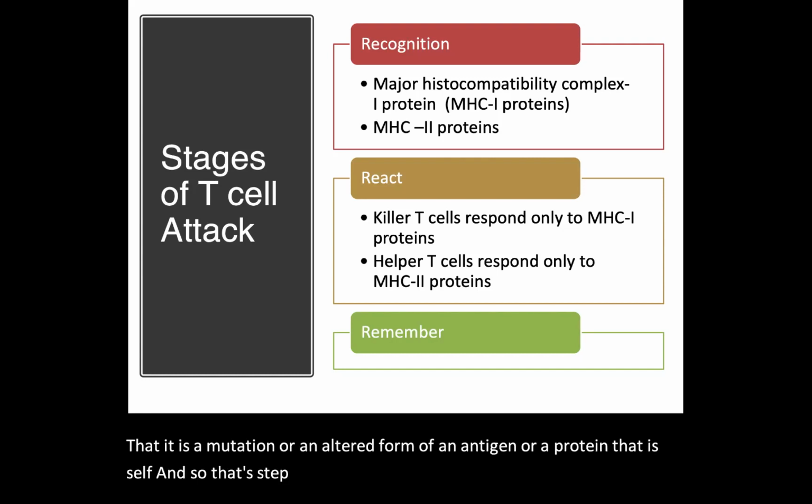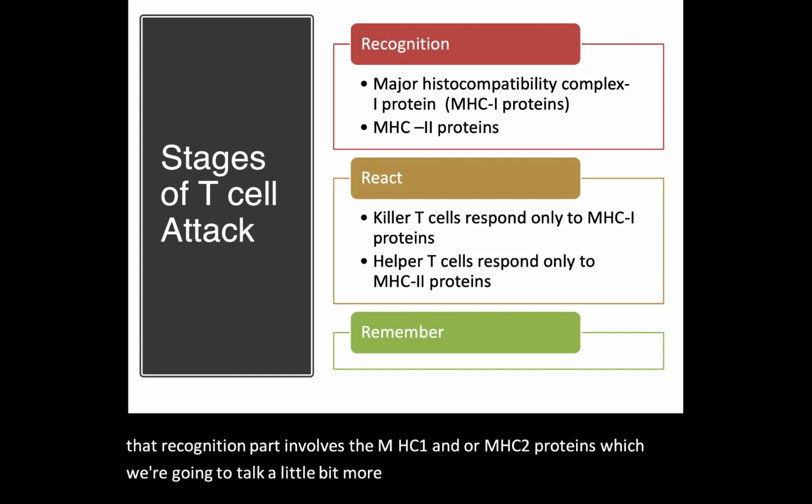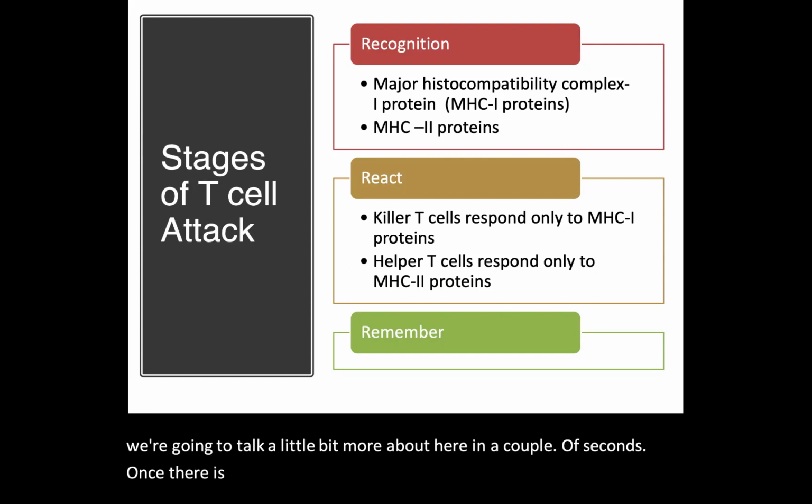That recognition part, as we know from the last video, involves the MHC1 and or MHC2 proteins, which we're going to talk a little bit more about here in a couple seconds. Once there is confirmation that there is an antigen that does not belong, then the T cells have to react.